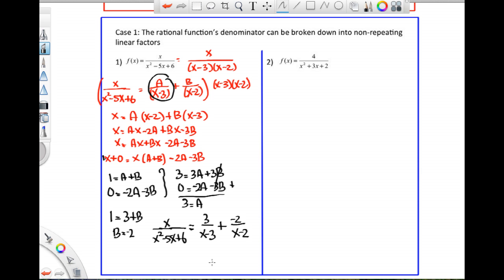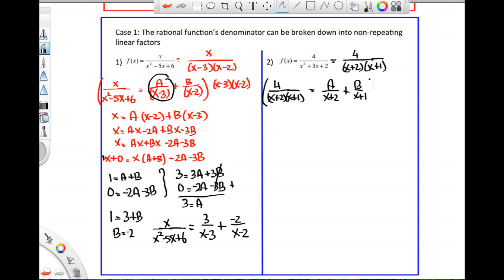Okay, let's do that one more time. So we have 4 over x plus 2, x plus 1. Okay, same thing, so 4 divided by x plus 2 times x plus 1 is equal to a divided by x plus 2 plus b divided by x plus 1.